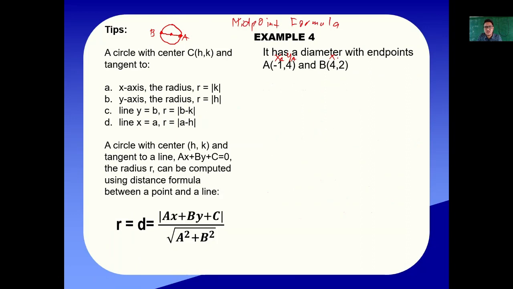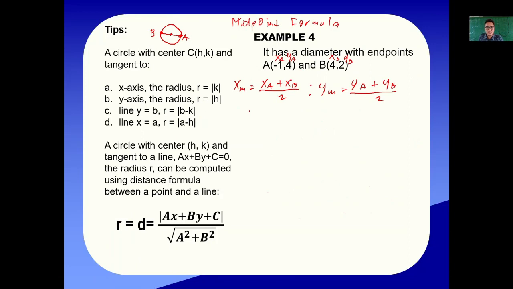This is x sub b, y sub b. Bakit b ang ginamit ko at a? Kasi yun yung point nila. Now, the formula of midpoint for x, we have (x sub a plus x sub b) over 2. For the y, midpoint, we have (y sub a plus y sub b) over 2.